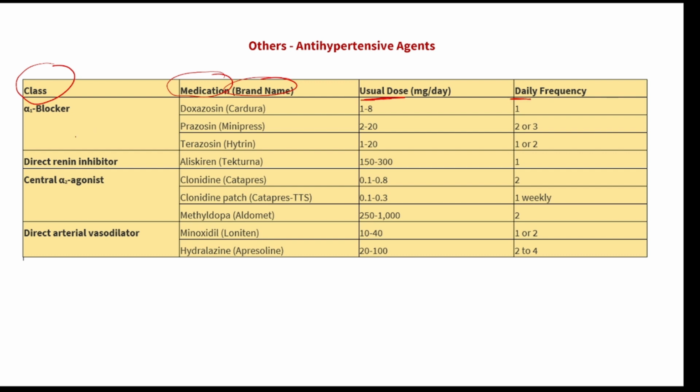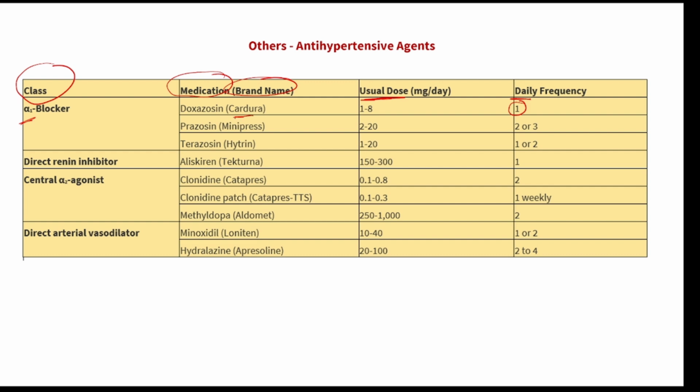We start with the first one, alpha blocker. We have doxazosin, prazosin, terazosin. You can see here, for example, doxazosin once daily. So the student here needs to remember at least the class and the generic name. Brand name is important for practice, and you will rely on that during your clinical rotation.